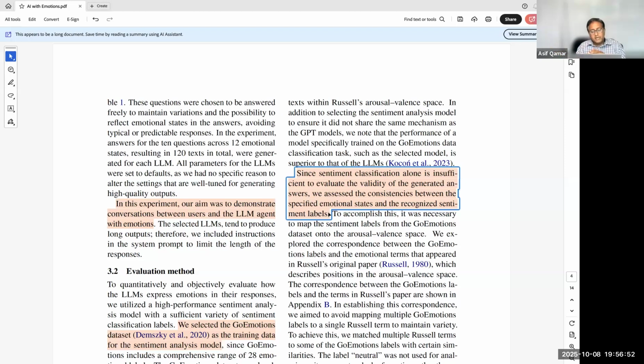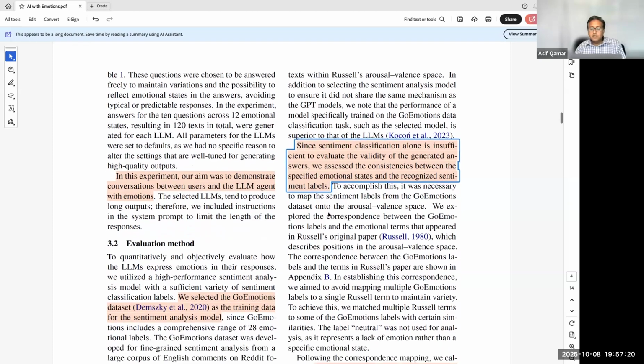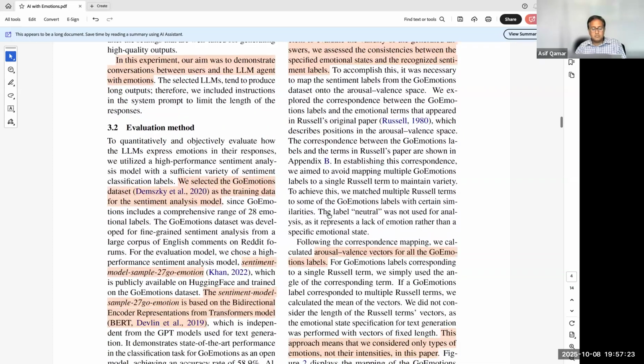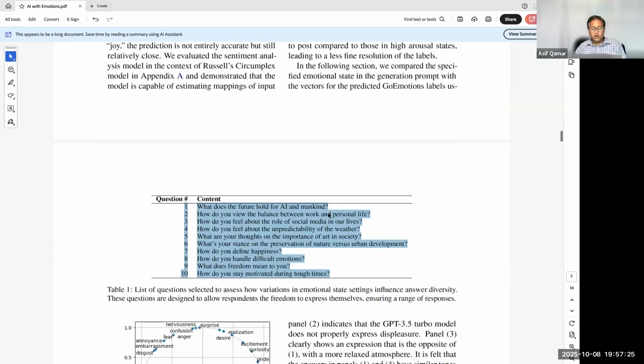So now you have two coordinates to compare, right? And by comparing these two coordinates with the cosine similarity, if it's completely matching, then of course your response from the LLM exactly matches the expectation that we have modeled using GoEmotions. So the cosine similarity is the mechanism in which you reverse map the sentiment derived from GoEmotions into the results model, and then you compare the cosine. So that's how they are comparing and proving that it is working.